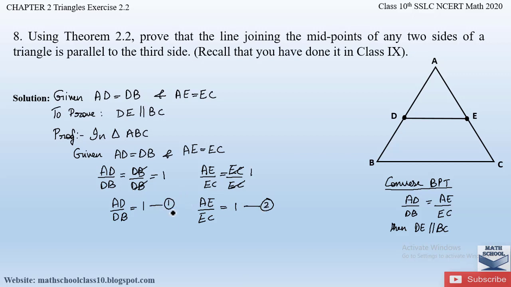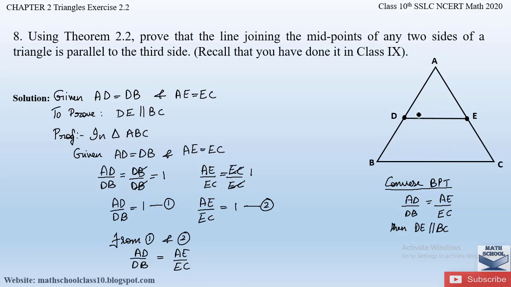Now if you observe equations 1 and 2, the right hand sides are equal, that is 1. So if the right hand sides are equal, then the left hand sides will also be equal. So write down, from equations 1 and 2, we can say that AD divided by DB is equal to AE divided by EC. Now let us use the converse of the BPT theorem. In the converse of the BPT theorem, if any two sides of a triangle are divided in equal proportion by a line DE, then it is parallel to the third side.